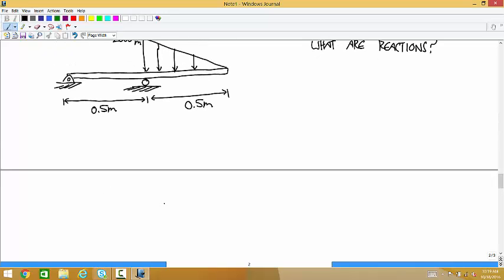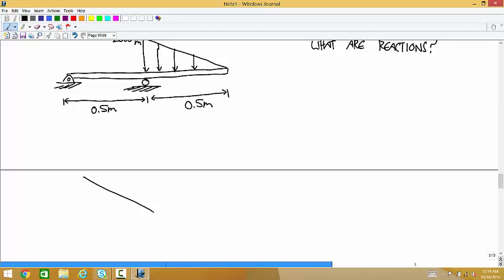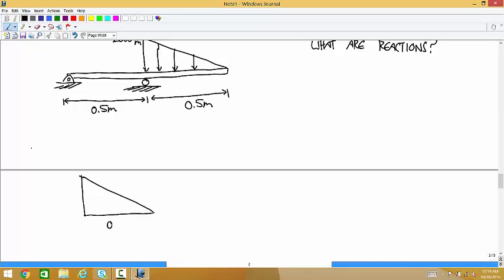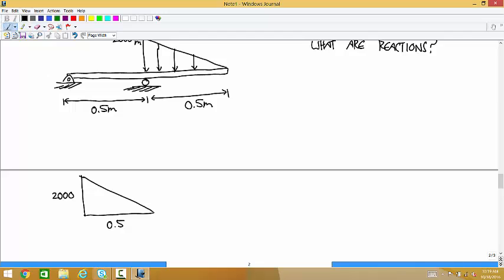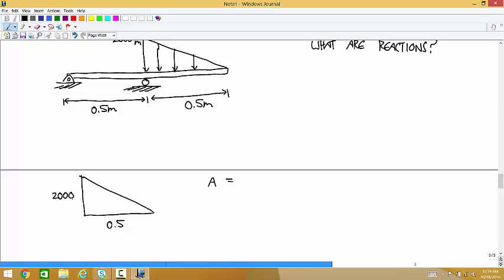Okay, so let's figure out what we know about that distributed load. It has a length of 0.5 and a height of 2,000. So the total force is the area. That's 0.5 times 2,000 divided by 2, so 500.